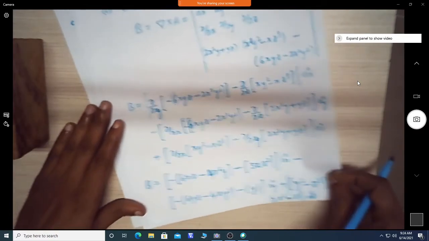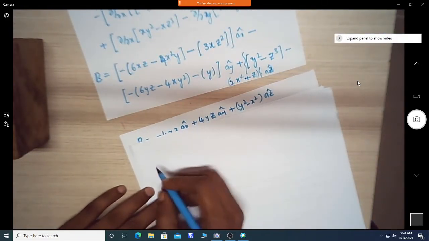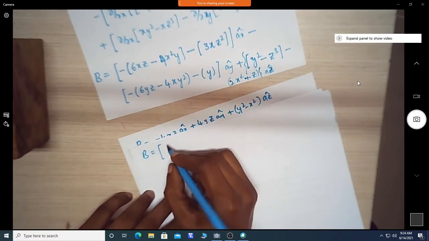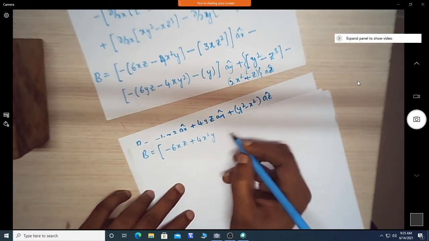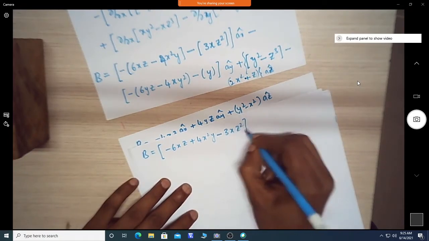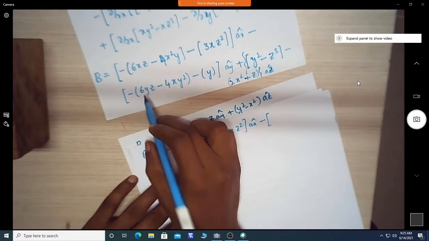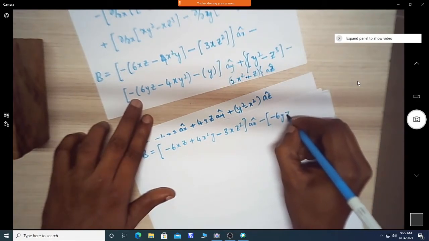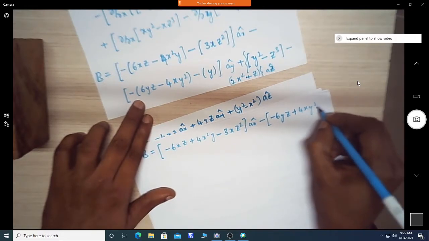So now we evaluate B. B equals, if I put inside, we are going to get minus 6xz plus 4x square y minus 3xz square. This is in the ax direction, and minus, if I put inside this minus, you will get minus 6yz plus 4xy square minus y.